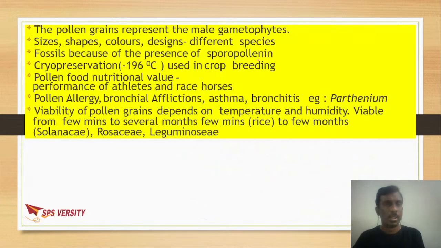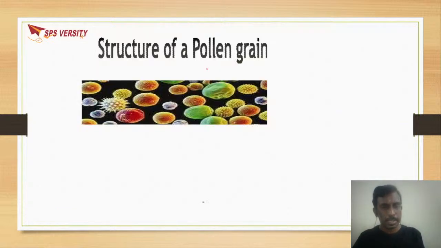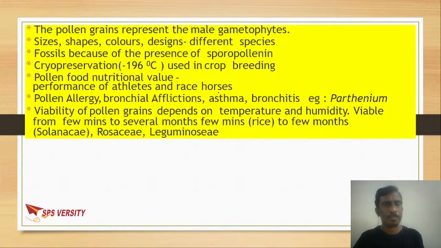So the pollen grains will be of different size, shape and design. What you are seeing in the diagram are different sizes and shapes, depending upon the species.